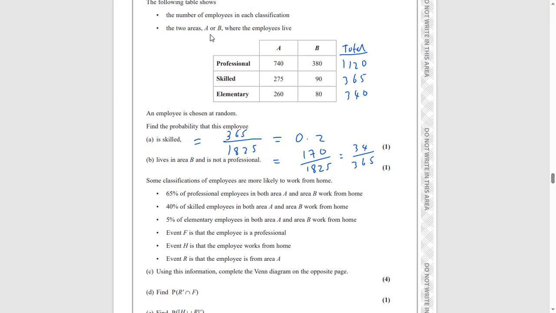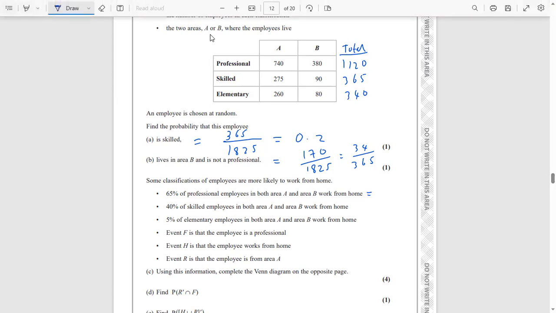Now, again, let's read this. 65% of professional employees work from home. So the number of people that work from home is going to be 65% of 1,120. We just do 0.65 times 1,120 on the calculator.